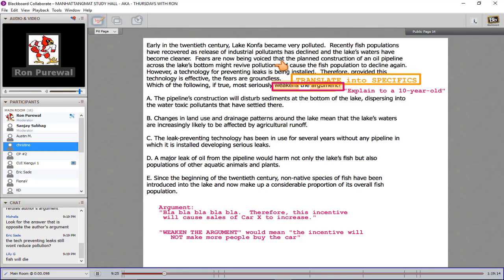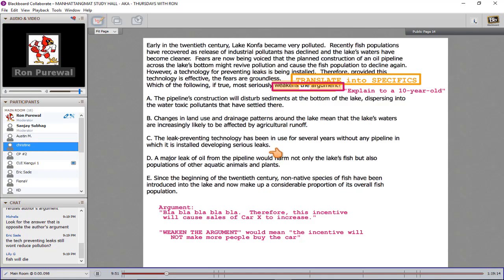Also, what you should do is put yourself on a side of this argument. You should imagine that you are invested in this in some sort of personal way. They're saying that it will be fine to lay a pipeline across the bottom of the lake. So you are taking the side of the environmentalists with this one.